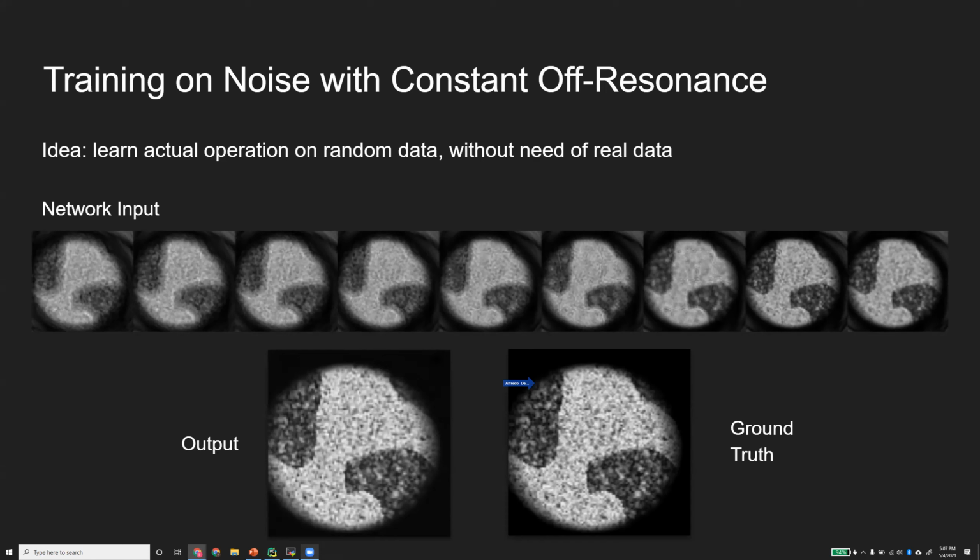We also have to turn the edges dark to avoid aliasing. This is how we train: we get a lot of noise images, and then we ask the network to give us the ground truth, and it did a pretty good job.